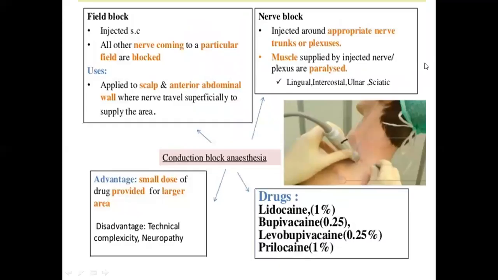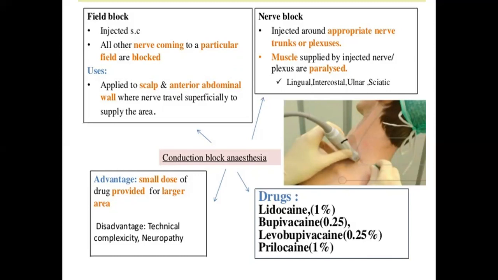The next category of use of local anesthetic is conduction block anesthesia. It blocks the site by subcutaneous injection, and all the nerves coming to a particular field are blocked.